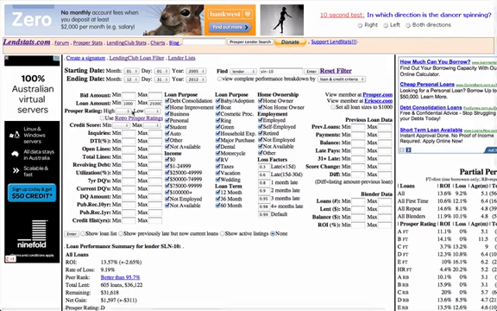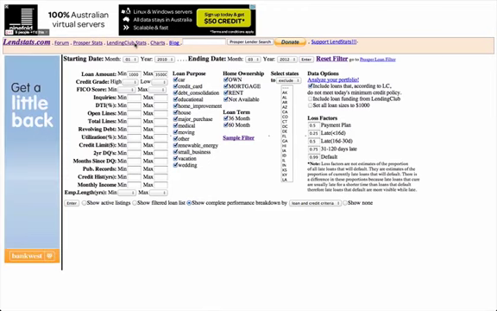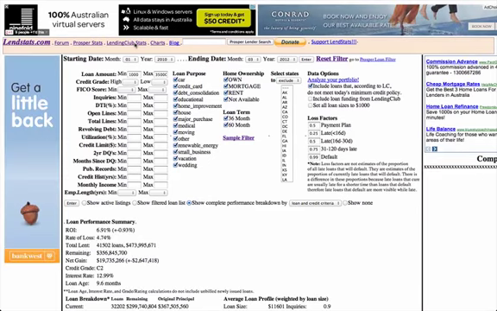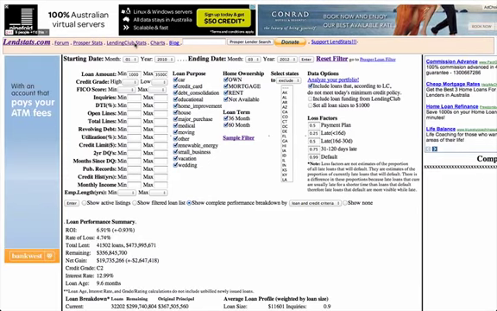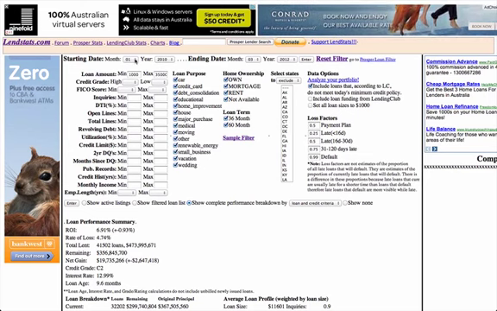Okay, so now let's move over to Lending Club. Lending Club, pretty similar information to Prosper, but there are also some differences. So with Lending Club, Ken again has defaulted to January of 2010.